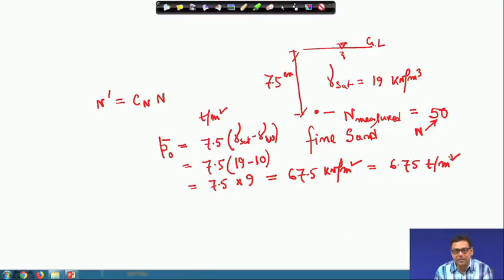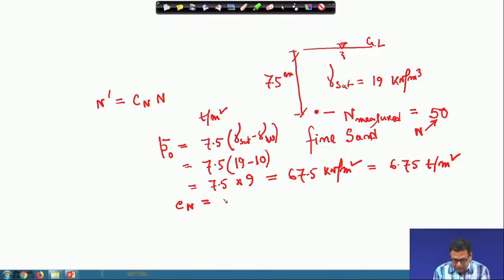Now, if you look at the chart for the corresponding Cn value at 6.75 ton: if it is 10 ton per meter square, your Cn value is exactly 1. If it is less than 10 ton per meter square, your Cn value is greater than 1. If it is greater than 10 ton per meter square, your Cn value is less than 1. So, here definitely the Cn value will be greater than 1.